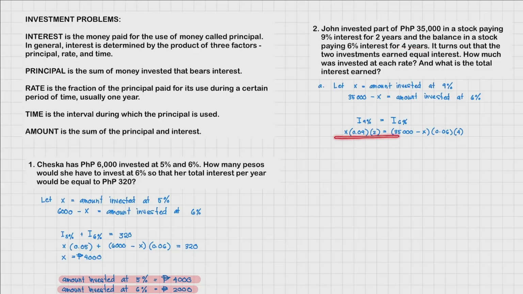So from this equation, you can now solve for our X. Alright, so solving for X, we'd get 20,000. So the amount invested at 9% is 20,000.